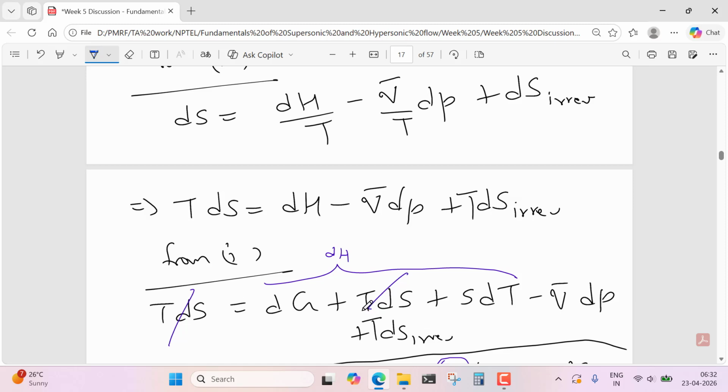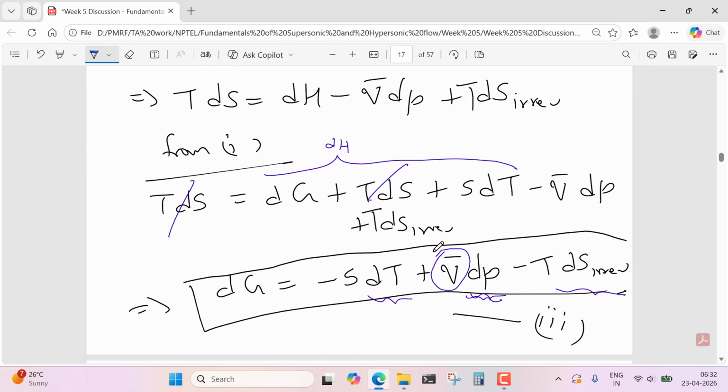TdS will cancel. So we'll get dG equal to minus S dT plus Vr dP minus TdS irreversible. We took all these three terms on the left-hand side. This is equation number 3.